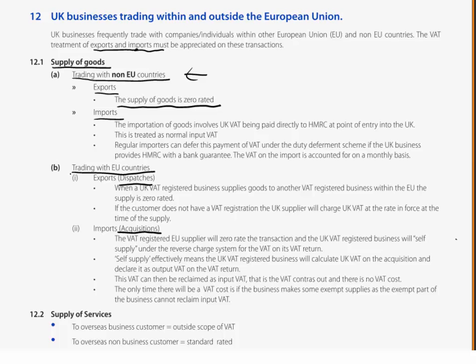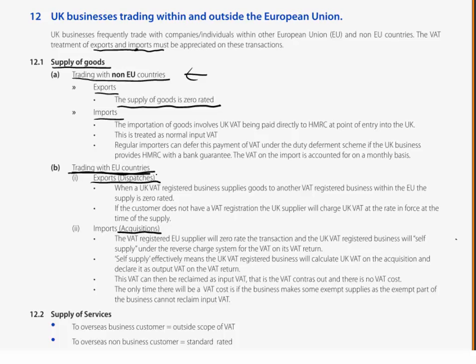If we were trading with EU countries and we made sales to those customers, then the VAT treatment will depend upon who that customer is. Whereas outside of the EU, selling to all of my American customers, whomsoever they may have been, businesses or individuals, it made no difference.